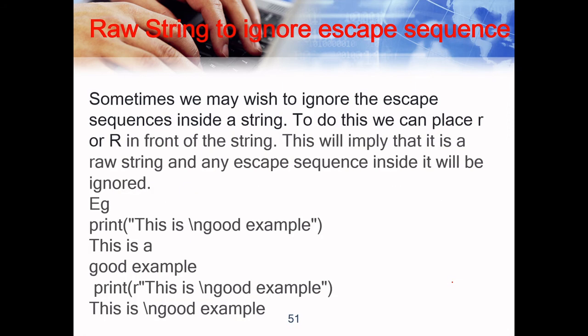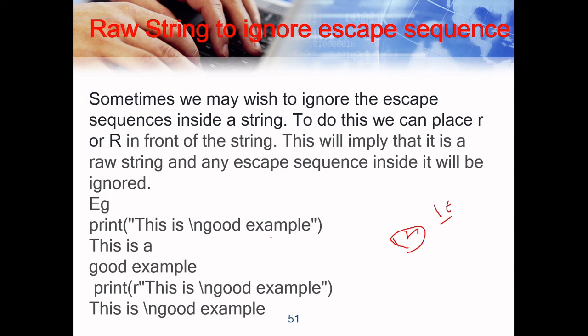Next, it is a very important concept, raw string, to ignore the escape sequences. We know that in every language some escape sequence concepts are there. Means what? This backslash n or backslash t, these are called escape sequence characters. Now you have to avoid this backslash character. Suppose I am writing like this: this is backslash n, good example.